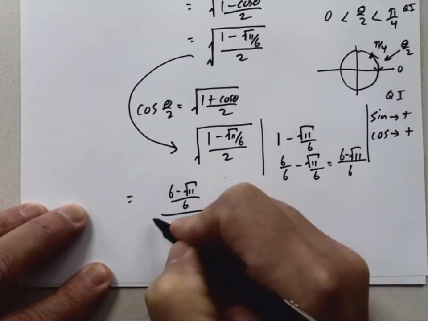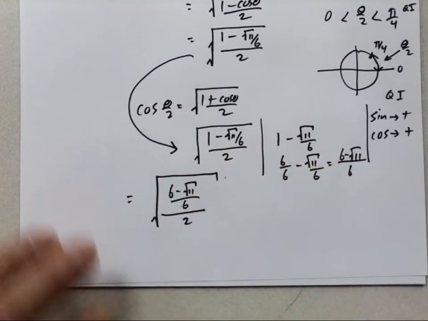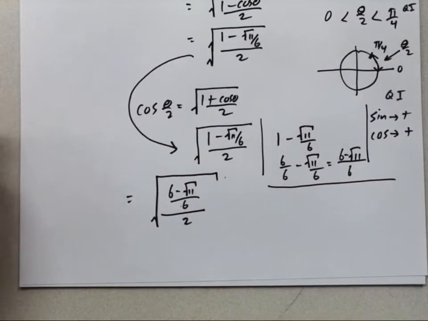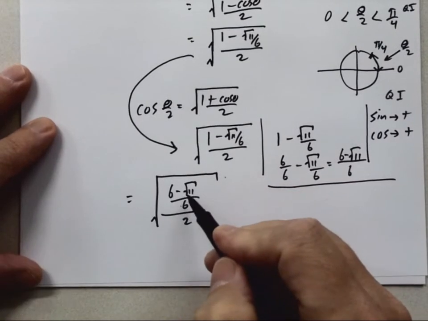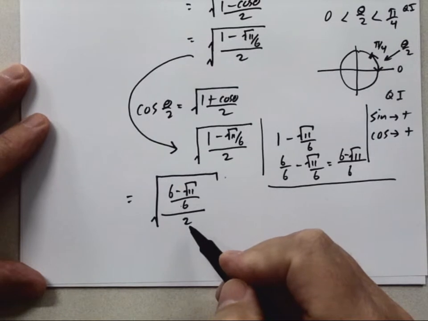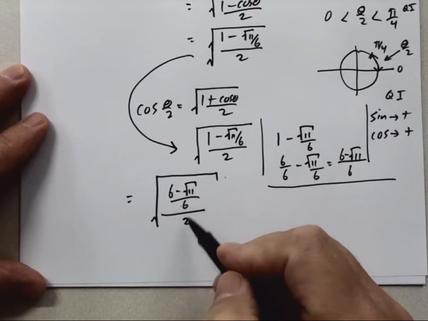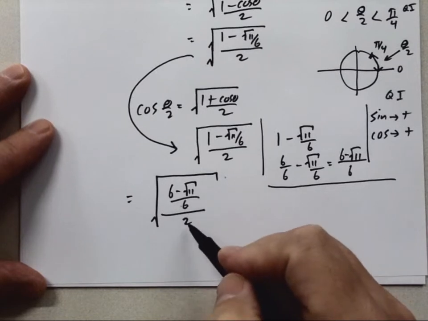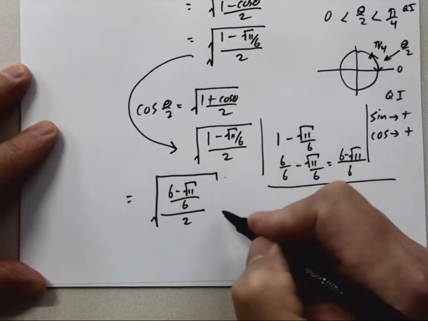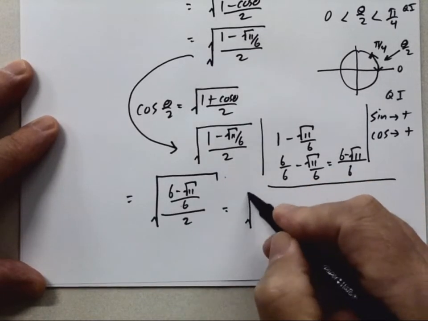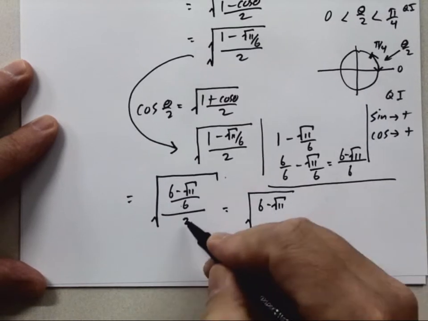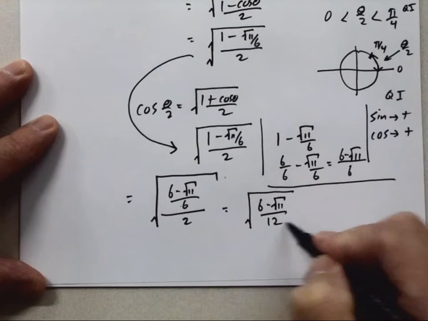All that's over 2, and all that is under the square root. Very, very messy. Now, if you look, what do I have here? I have a fraction divided by a number. I just spent a lot of time a few minutes ago telling you what would be the shortcut to simplify this. Remember, you take the number times the denominator. So I can actually simplify this and say it's going to be 6 minus square root of 11. 2 times 6 is 12.